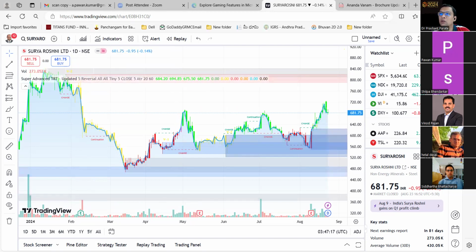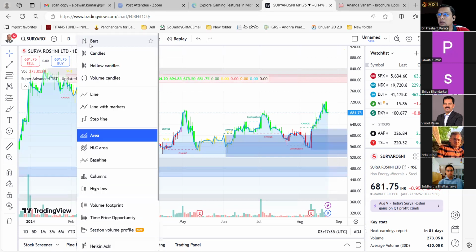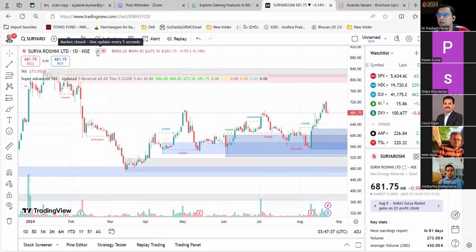Now make it a candle chart. Go up. Besides the indicator, left side of the indicator, click there. Click use candles. Yes, this is how it will look.